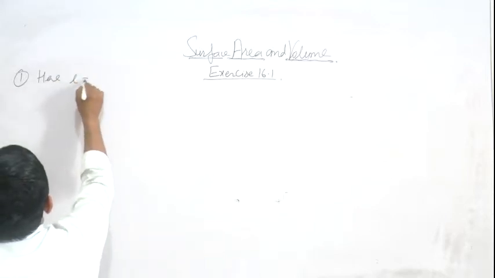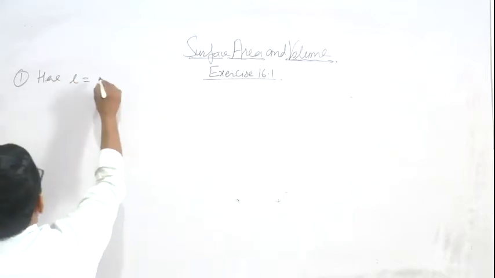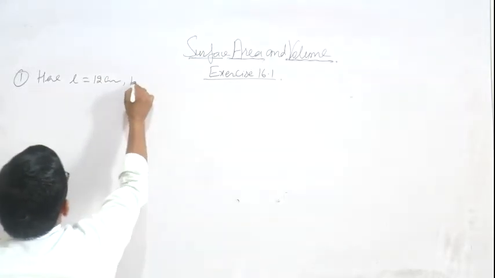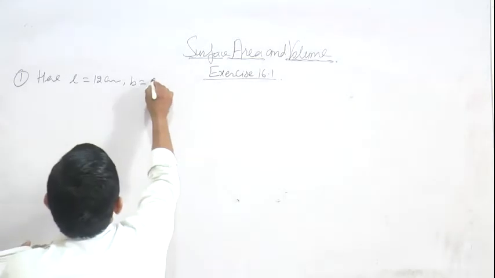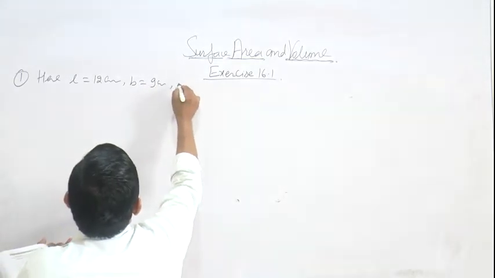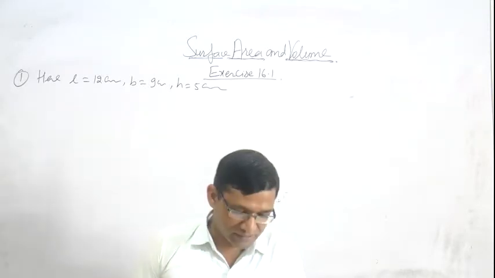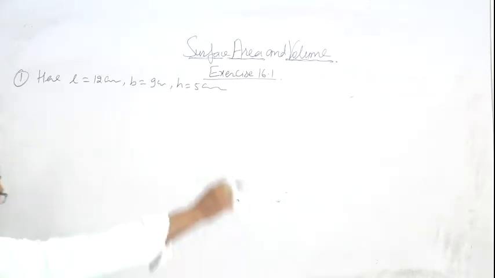Here length of cuboid is 12 cm, then breadth 9 cm and height is 5 cm. Find the total surface area of cuboid and its volume.